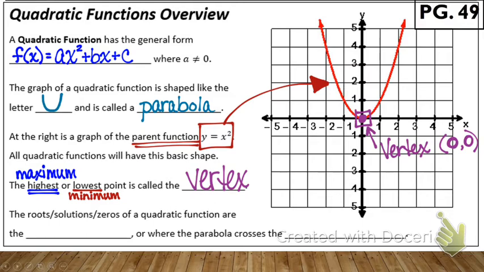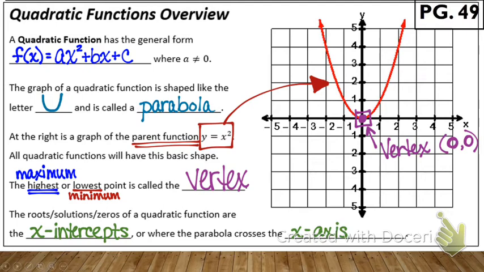And then the last thing that we need to talk about right here, the roots, solutions, or zeros. Can you guys think of another synonym for roots, solutions, and zeros? This is the same as the x-intercepts on a graph, or where the parabola crosses the x-axis.